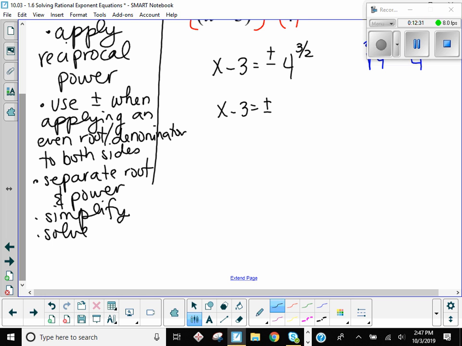You want to do the root first because it keeps your math easier. And the root is what part, the 3 or the 2? The 2. Okay. So I'm going to write it like this. This is the root part. I'm going to put it in parentheses to indicate that I'm doing that first. And then the power will go here on the outside.